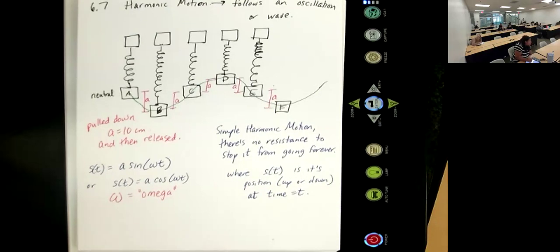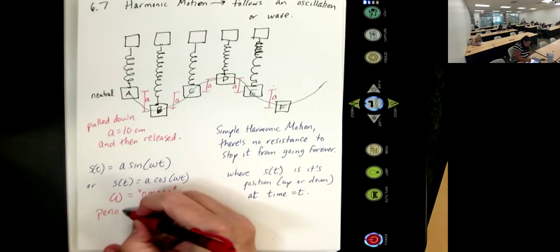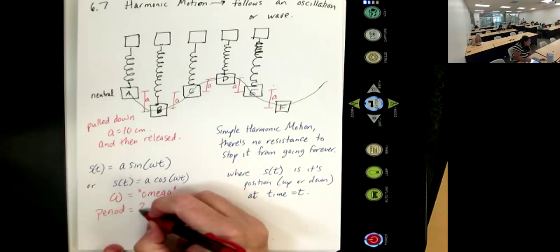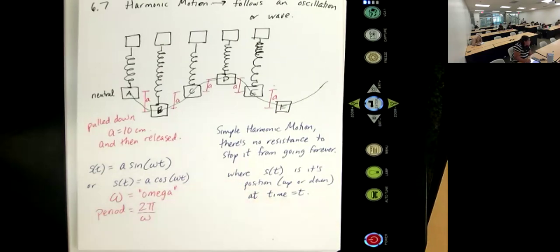So our period for both of these would be 2 pi over omega. And since we're doing this related to time, we have something called frequency.